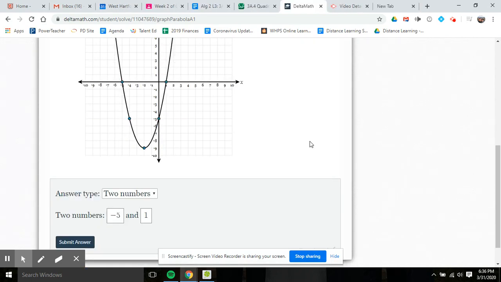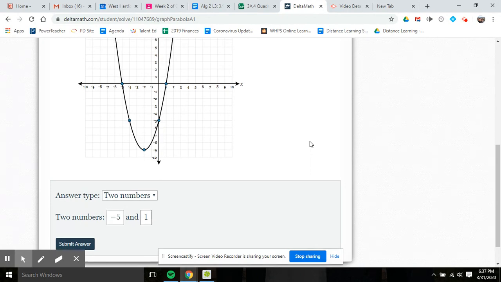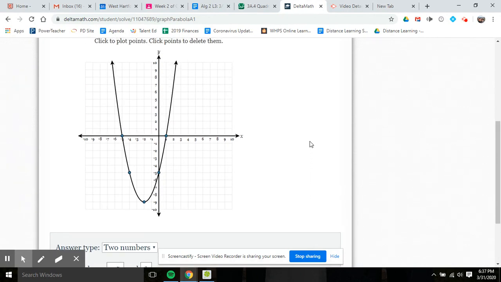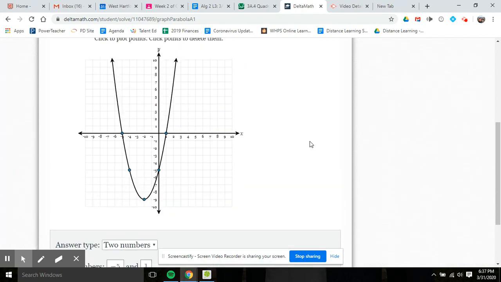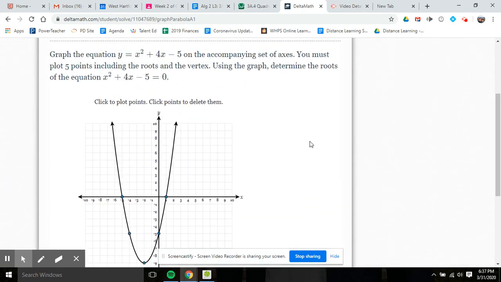All right, so we are back. I needed a little time to read and figure out what is going on here, and I realize what might be some of your issue as well as that answer type bit. When I looked back at the instructions, it says you must plot 5 points, including the roots and the vertex.